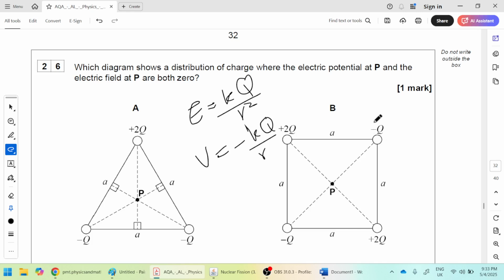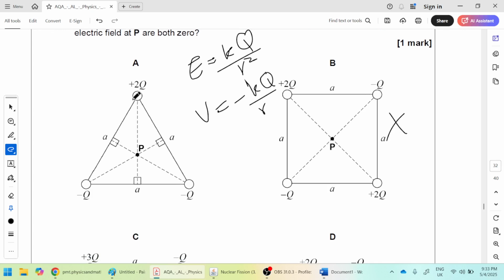This one's going to have a potential which is positive, this one is going to have a potential which is negative over here. So this thing will introduce 4, this will introduce minus 2. So the V cannot cancel out here. For those reasons, I'm destroying this.